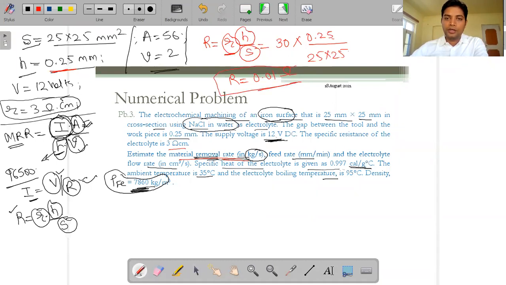Okay, so let me check the value. 0.012, 1 2, right Ibad, that is 1 2. I did not hear the 2. So this is 0.012. I hope Danish, you are also getting the same value.